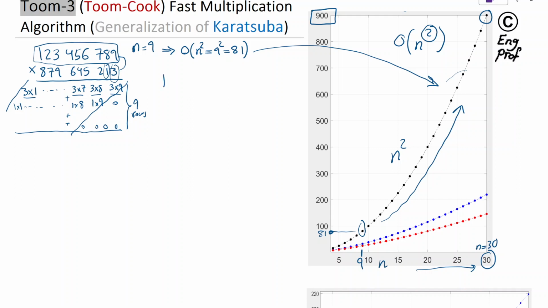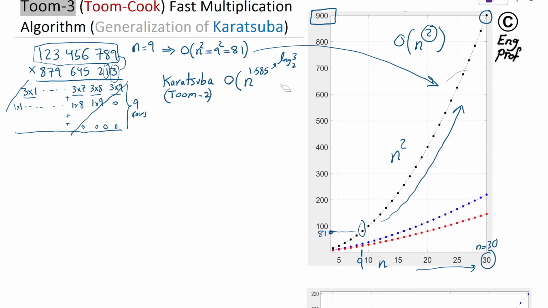So in case of Karatsuba, which is also a special case of Toom-Cook, when we set the parameter of the Toom algorithm to 2, as explained in a separate video that covers the Karatsuba algorithm example, we get to big O of n to the power 1.585, which is coming from effectively log 3 base 2.